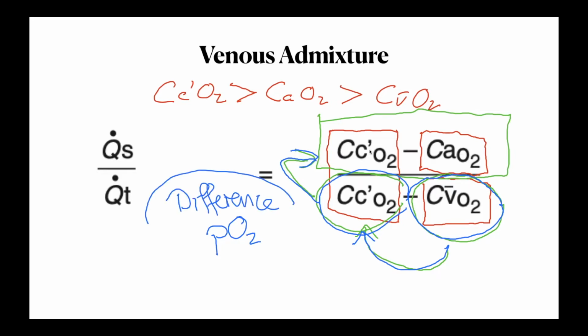So we're looking at the difference in PO2 between the arterial side versus the end capillary side. Now you're going to ask me, why are we looking at partial pressure of oxygen instead of content? That is a very, very good question.